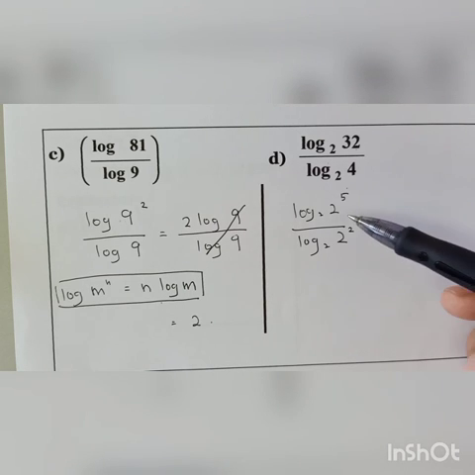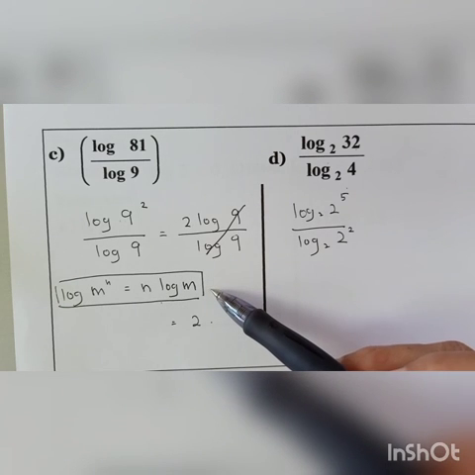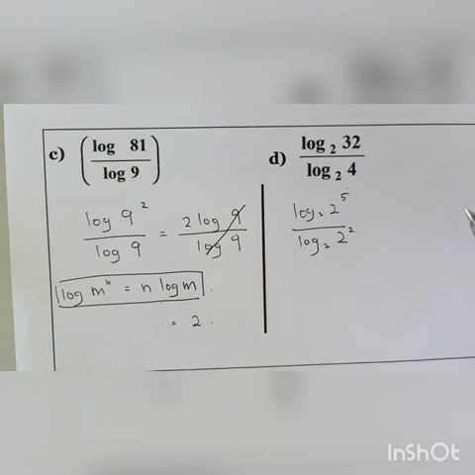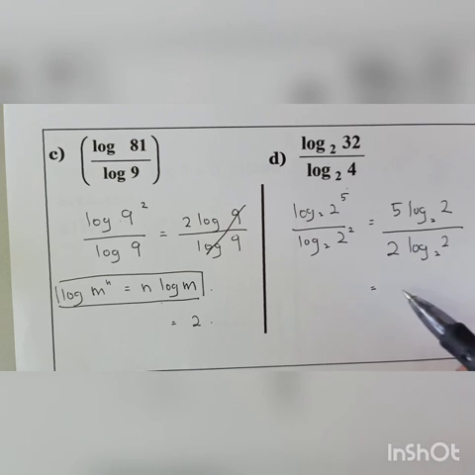At the numerator and denominator we can apply law of log number 3. So 5 log 2 base 2 over 2 log 2 base 2. Simplify this, log 2 base 2 over log 2 base 2 equals 1. So the final answer is 5 over 2.